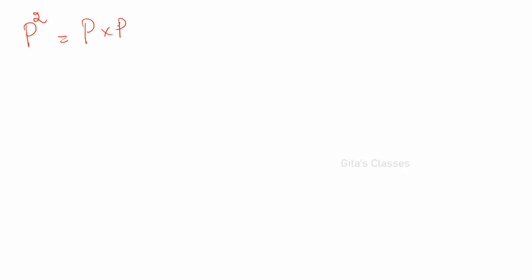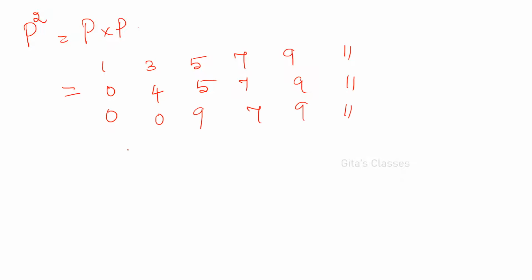So p into p. I'll write the matrix directly. 1, 3, 5, 7, 9, 11. That is p into p. Okay, directly you can find out. So 0, 4, 5, 7, 9, 11. And in the third row 0, 0, 9, 7, 9, 11.